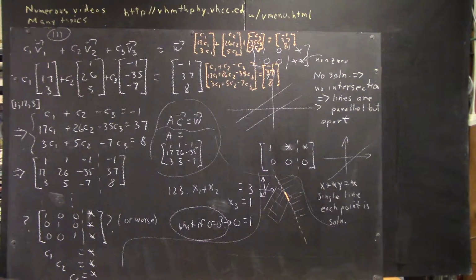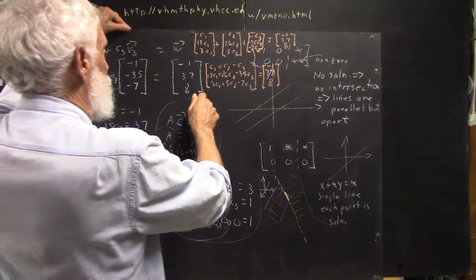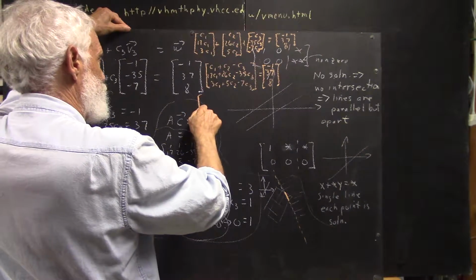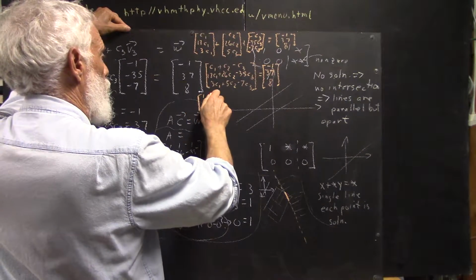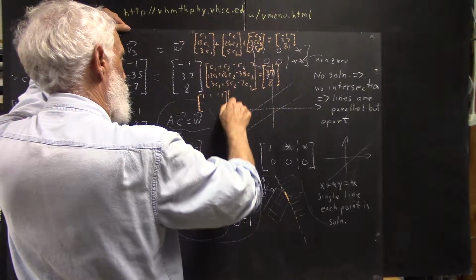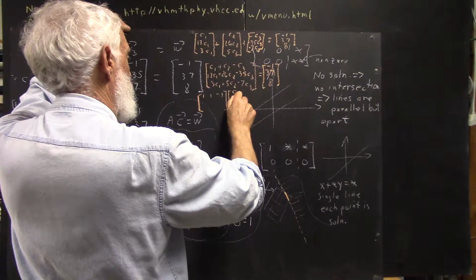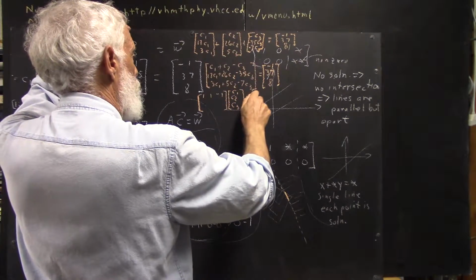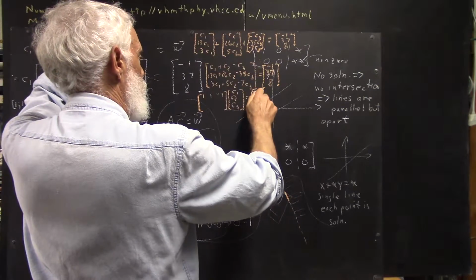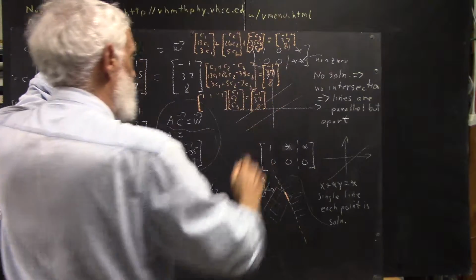Now, this just becomes the product of the matrix with rows 1, 1, negative 1 with C1, C2, C3 equals negative 1, 37, 8. I'm not done.